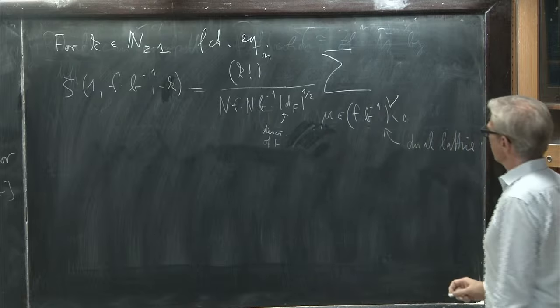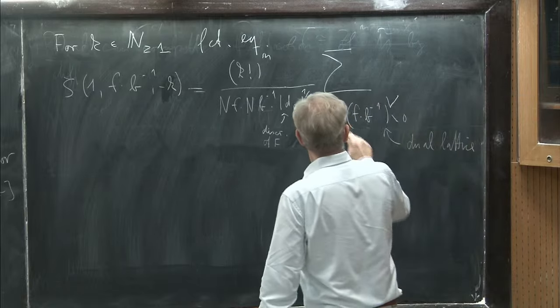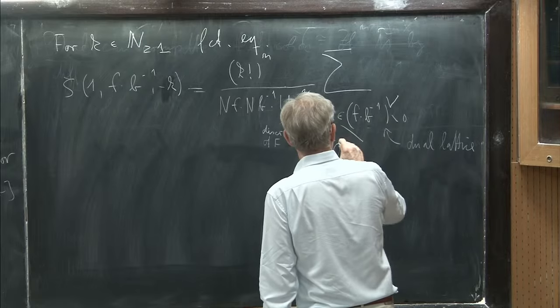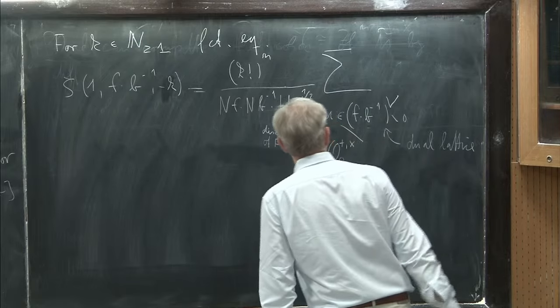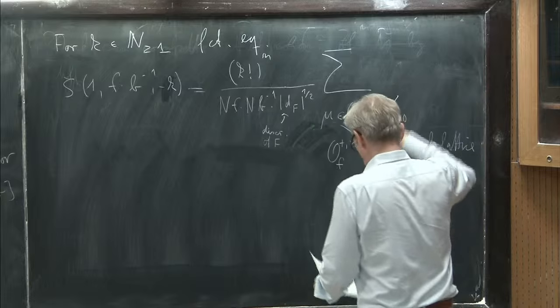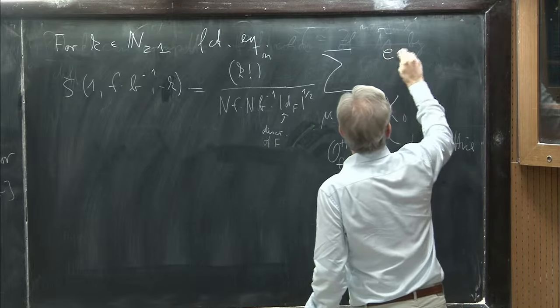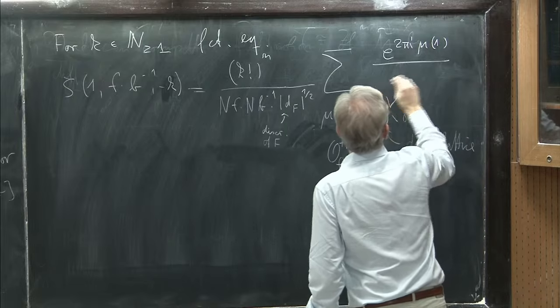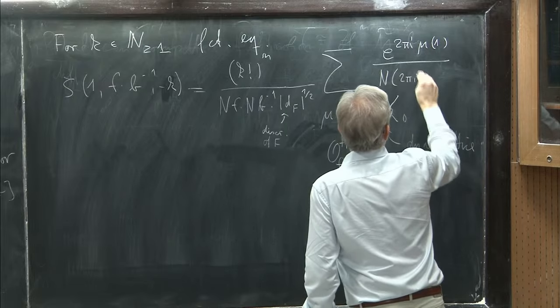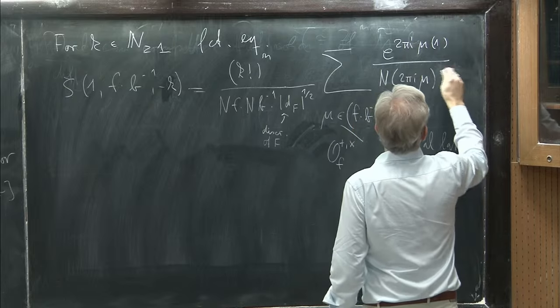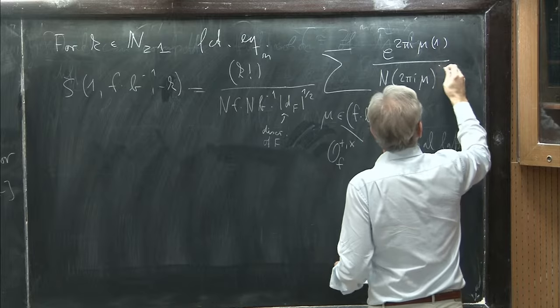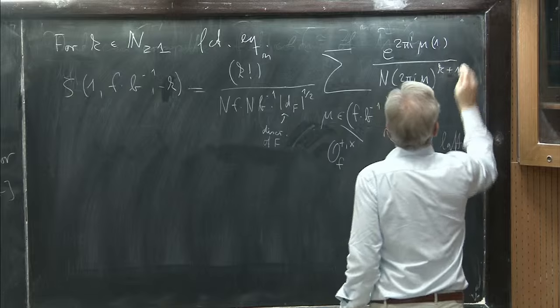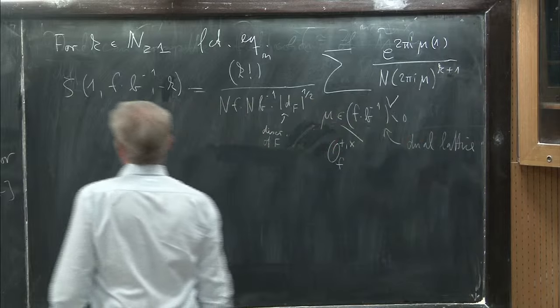But that's not all. We have to divide still by this group of units. And then if we do that, it looks perfectly similar to what we had before. So we take the norm of 2 pi i mu to the power k plus 1 here.